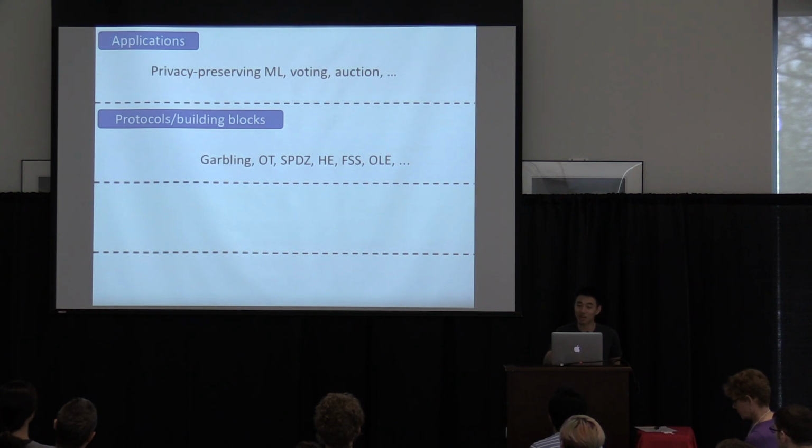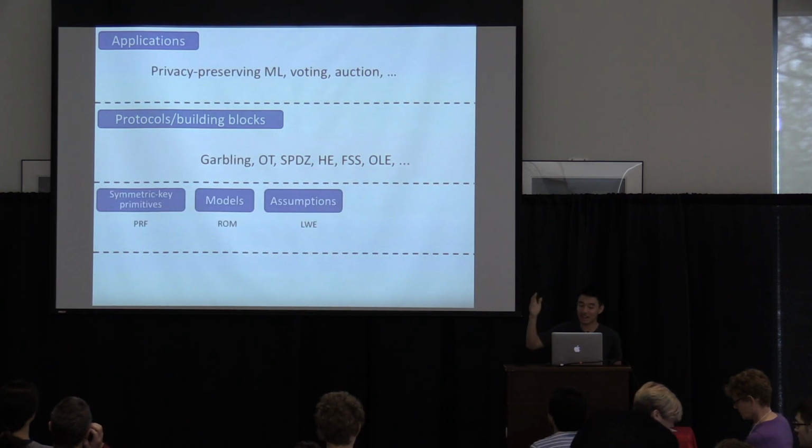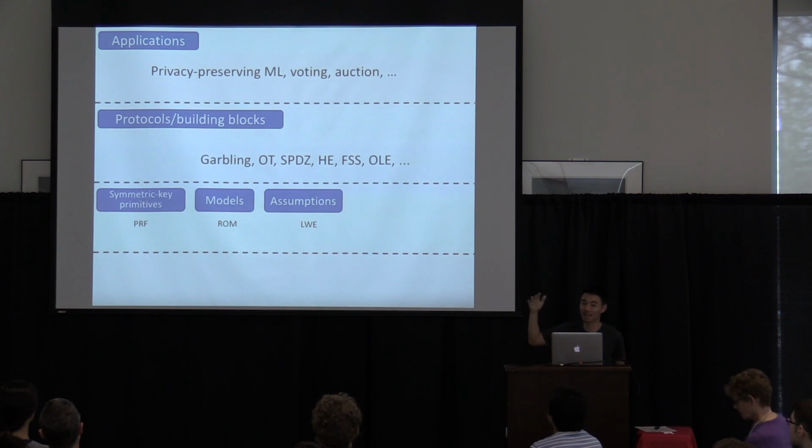Let's say we have garbling, we have oblivious transfer, we have secret sharing based protocols, and all different kinds of stuff that are listed here. And then one layer below are lower level things: assumptions, models, and symmetric key primitives that we need to build all this fancy stuff.